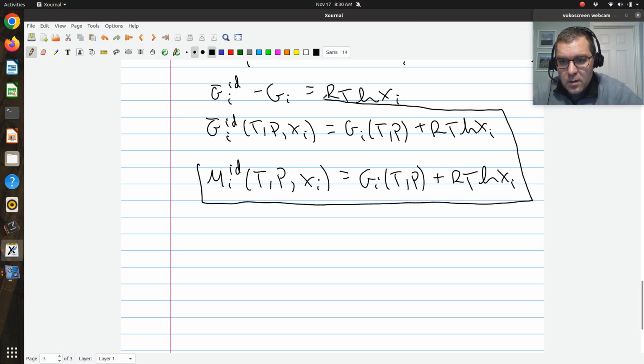Okay. So when it comes to partial molar Gibbs free energy, Xi is less than 1. This term is going to be negative. My partial molar Gibbs free energy of component I in my ideal solution is less than my pure component value. Right? It's thermodynamically favorable for that component to be in my mixture relative to the pure component state.